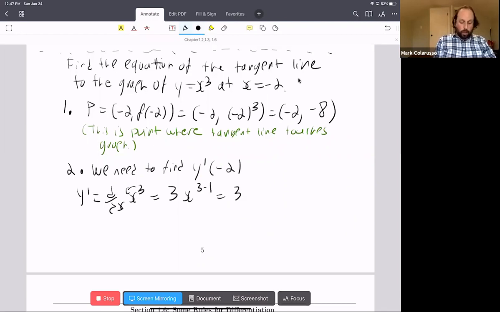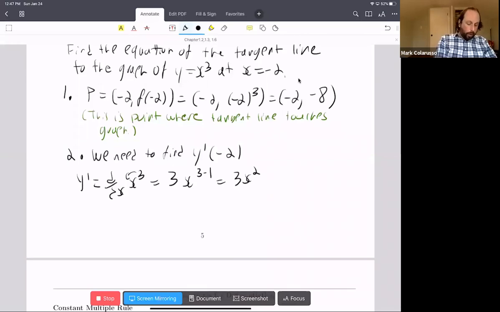So it's just 3x squared. It's much easier than the rational exponent. So y prime at -2 is equal to 3 times -2 squared, so 3 times 4 is 12.